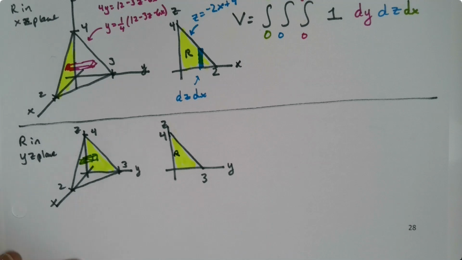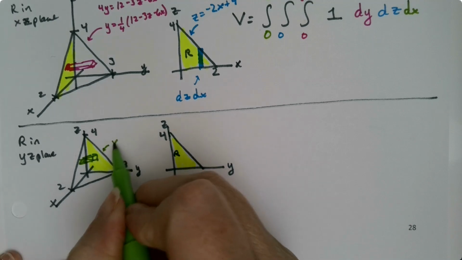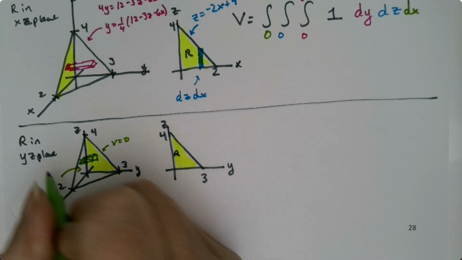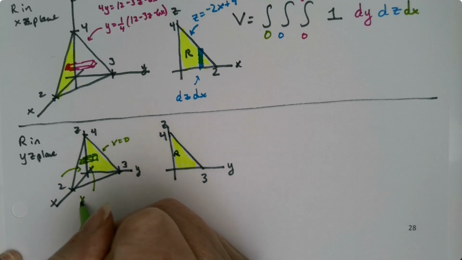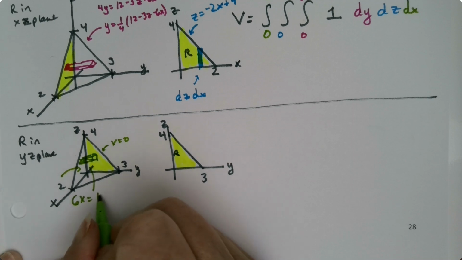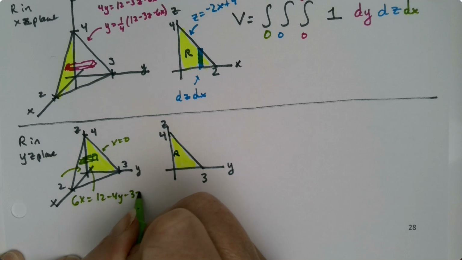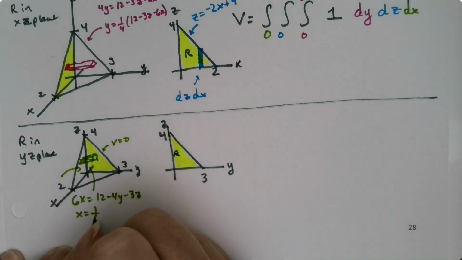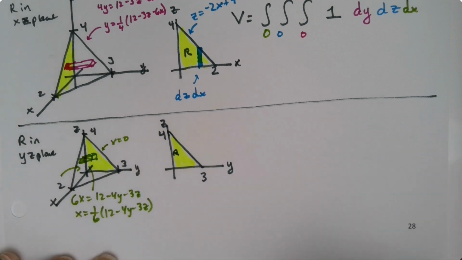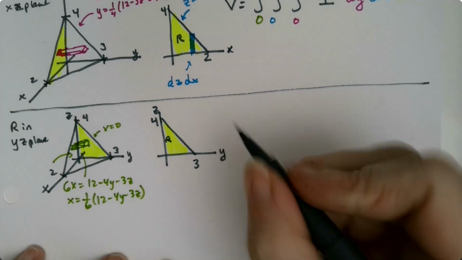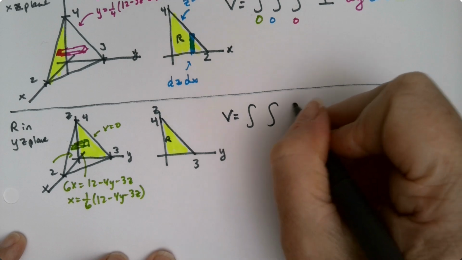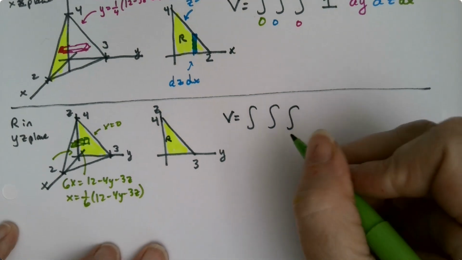All right, and then this is our region. So the pillar, it's starting at x equals 0, and it's hitting at this surface, which we need to come up with the equation. Actually, let me do it down here. X equals, well, 6x equals 12 take away 4y take away 3z. Therefore, x equals 1/6 times 12 take away 4y take away 3z. All right, so volume equals the triple integral. And this time we're going to do x first.